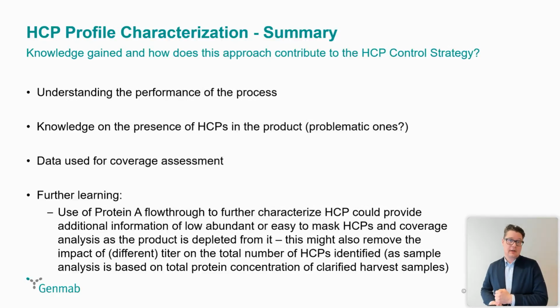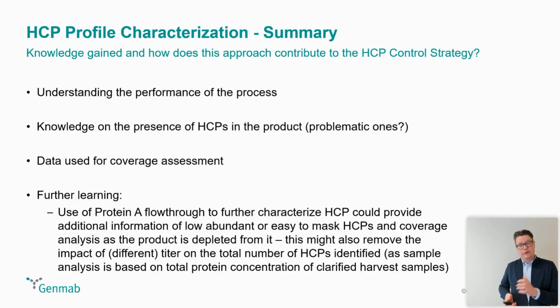We also gained knowledge on the presence of the HCPs in the actual product, and whether there were problematic ones. And there was one. And also we actually used this data to perform coverage assessment of the ELISA reagent.